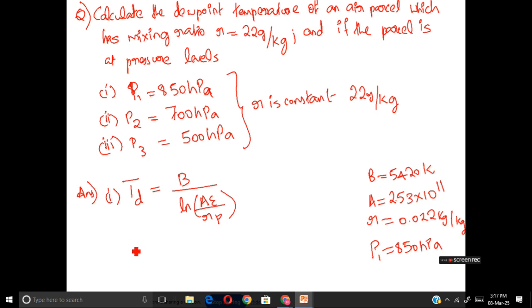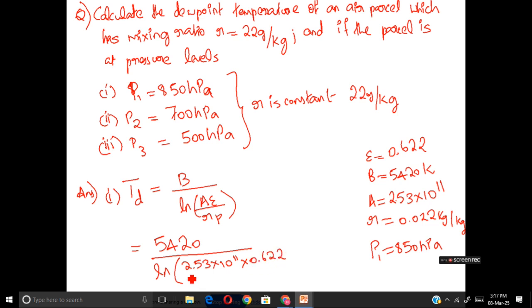So TD will become 5420 divided by log of 2.53 into 10 raised to 11 into epsilon. The value of epsilon is Rd by Rm, which is 0.622, divided by the value of R, 0.022, into P. P is 850 hectopascal or 850 into 10 raised to 2 pascal.